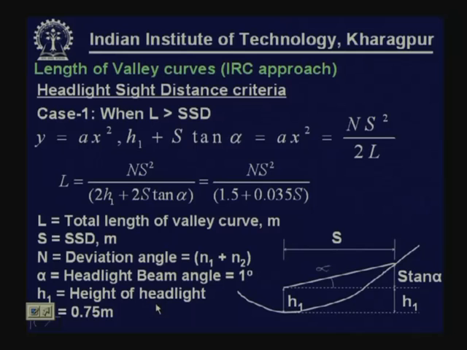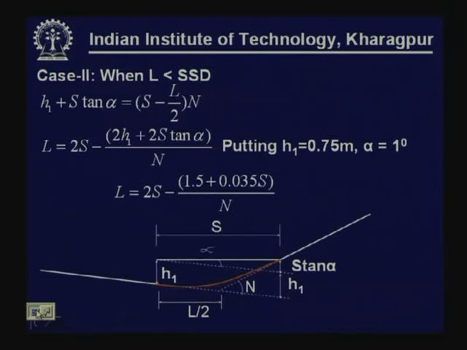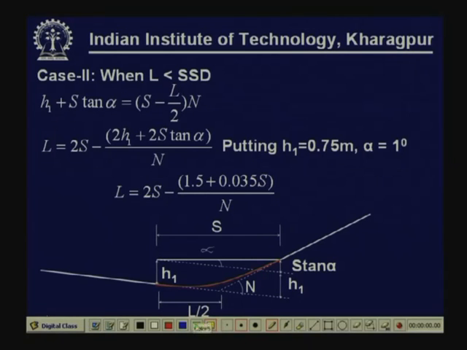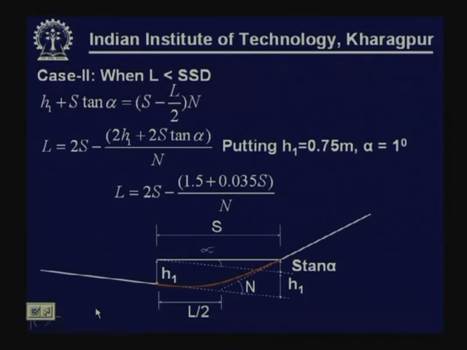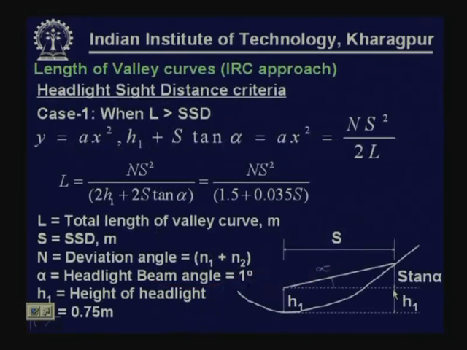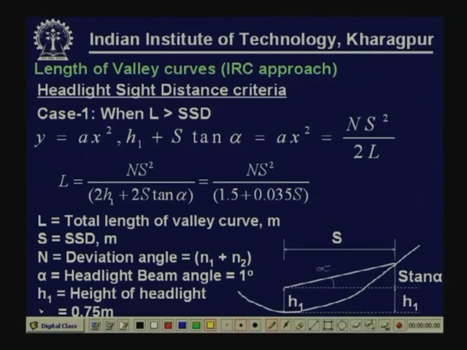Let us see the length of valley curve considering the headlight side distance criteria. In this case, the critical position of the vehicle is at the bottom of the curve, at the lowest point on the curve. Say this is the point at the lowest point on the curve. Let us consider first the case 1 where L is greater than S, the stopping side distance.